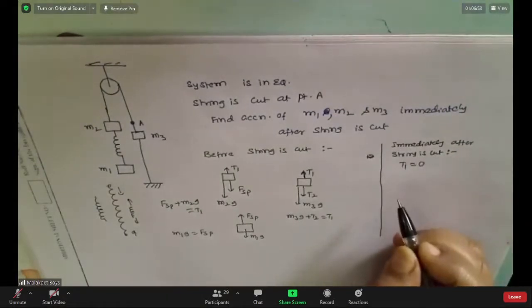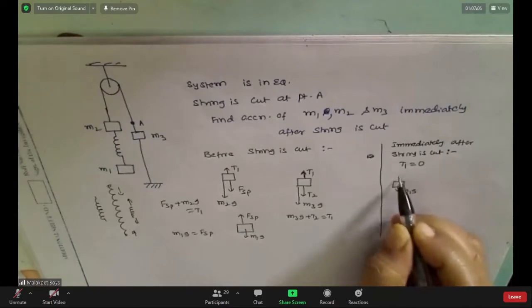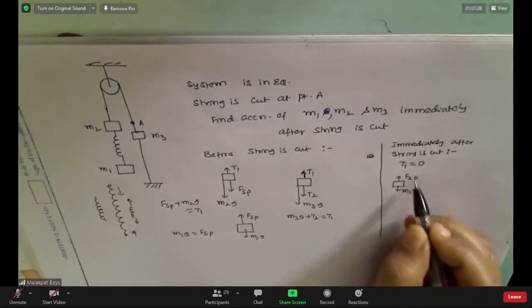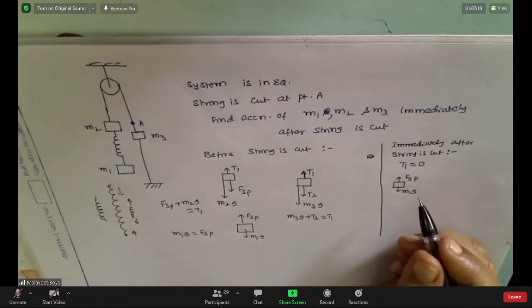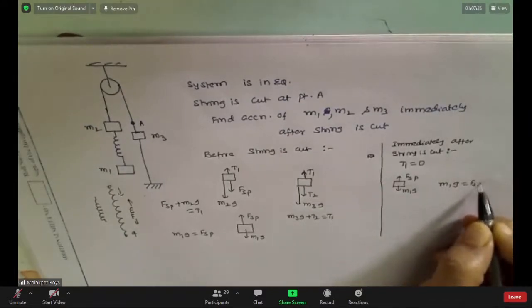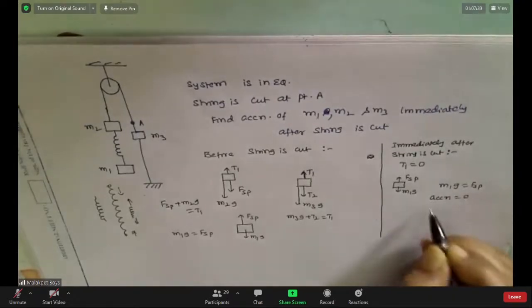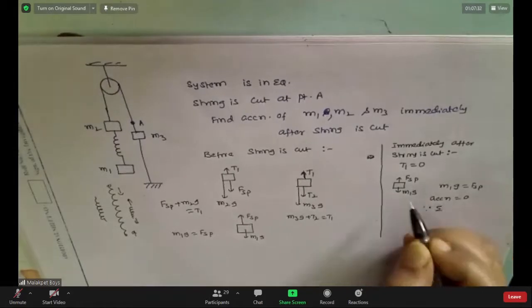Once T1 is 0, now you can see, as M1 equals 0, so what is the net force for M1?